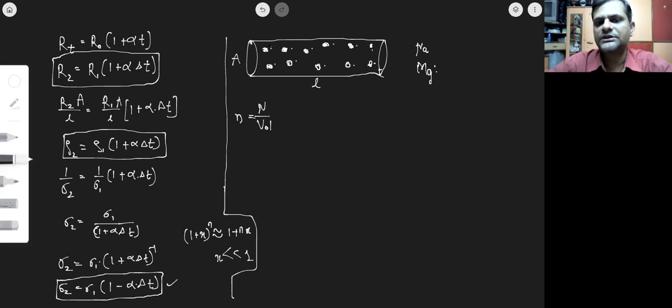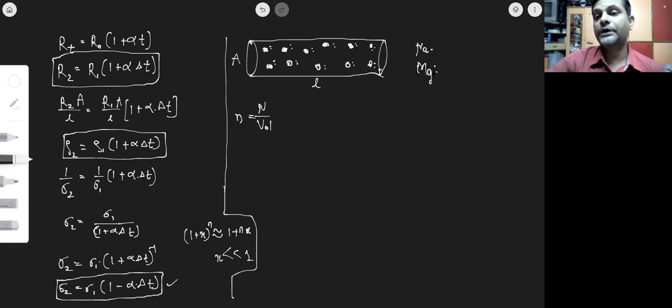These are the 2 free electrons of this magnesium atom, these are the 2 here, and these 2. In this way we see that per atom we are getting 2 free electrons in case of magnesium. So if we look overall in the whole volume, compared to sodium there will definitely be double the number of free electrons, obviously, because sodium gives only 1 free electron per atom, but magnesium gives 2 free electrons per atom.